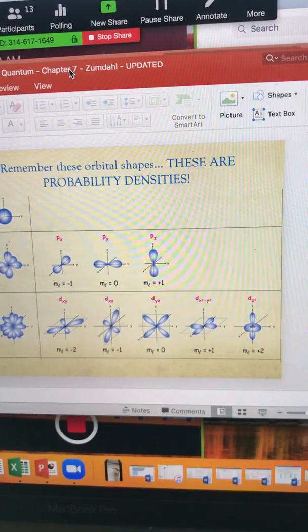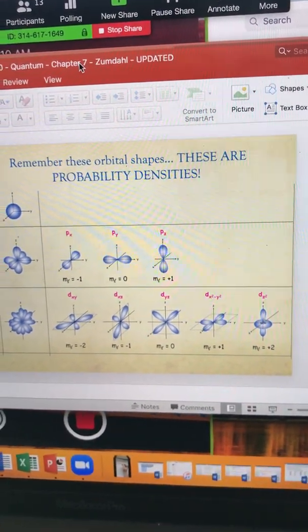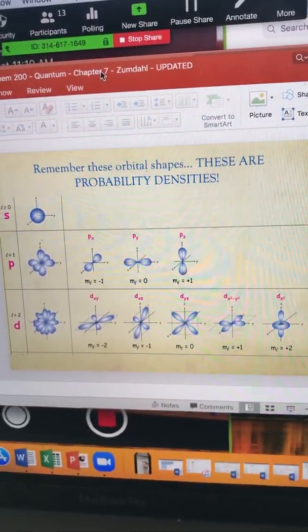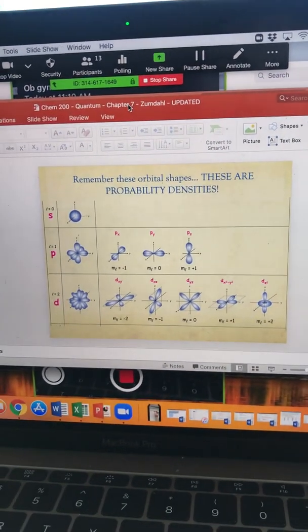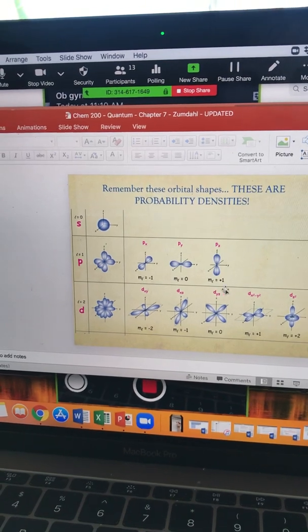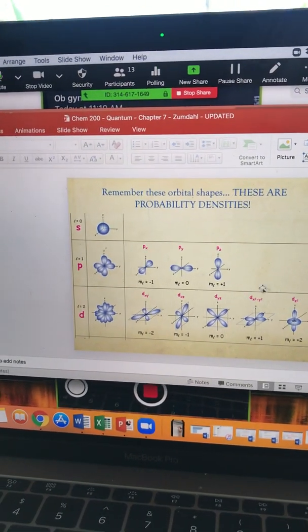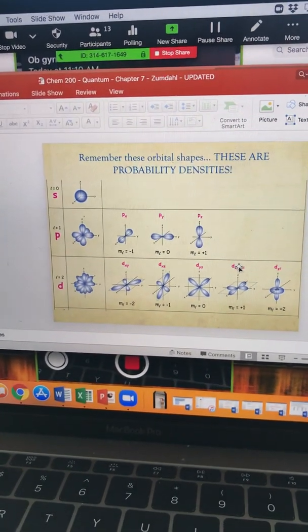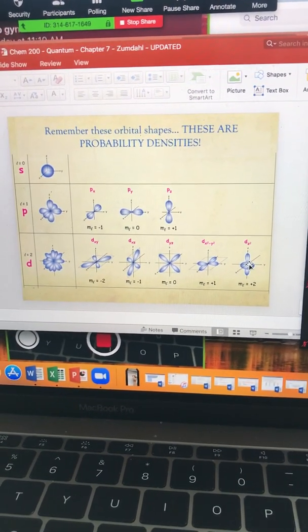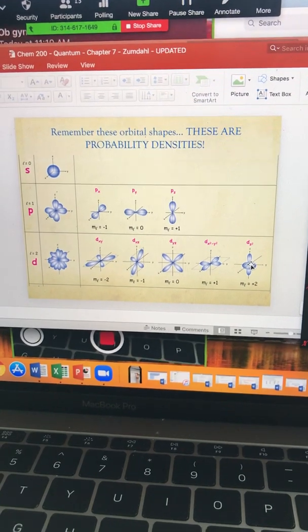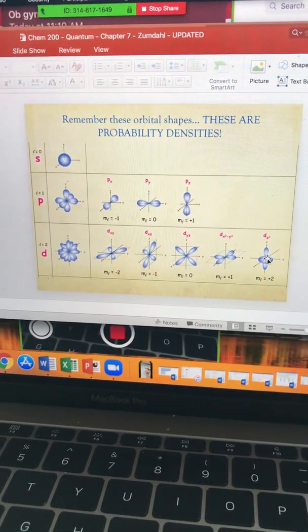And then for the answer to that question, how do you know if it's the second to last one versus the last one? I wouldn't ask you something that specific. Basically, I just want you to know that these guys are both axial, so they can be involved in hybridization.